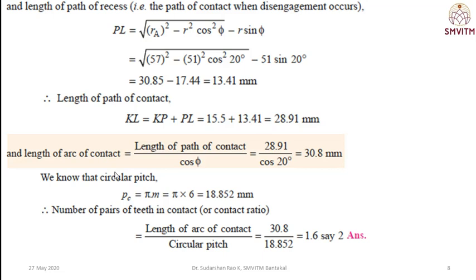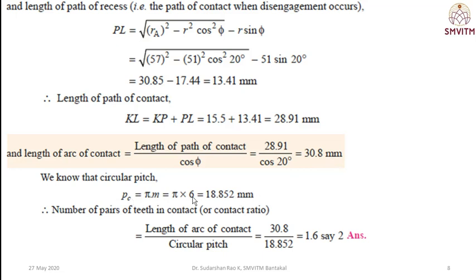Then calculate the length of arc of contact. It is the length of path of contact divided by cos phi, that is 28.91 divided by cos 20, which is 30.8 millimeter. The circular pitch equals pi into module, which is pi into 6, that is 18.85 millimeter.